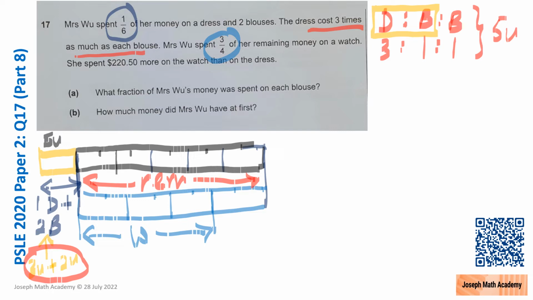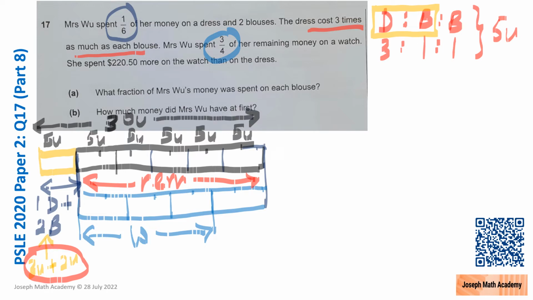Okay, so if this is 5 units, then all of these must be 5 units. So all of these will be 5, 5, 5, 5, and 5. If you look at the grand total, it is 5 times 6, that is 30 units.